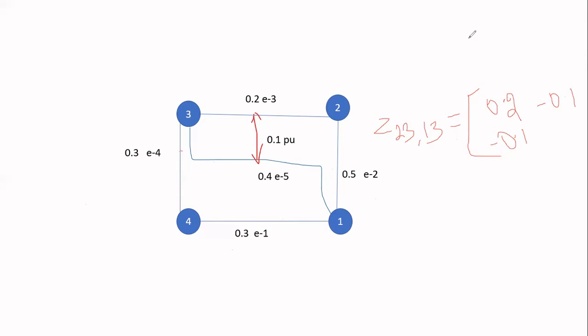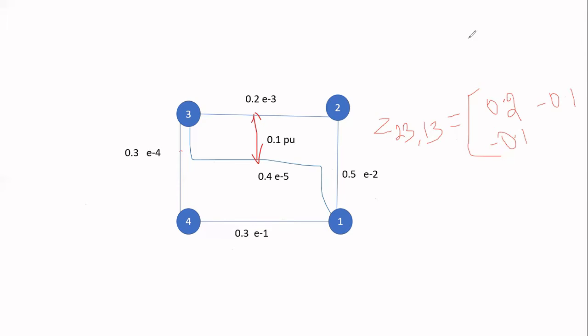Therefore the Z2313 is 0.2, minus 0.1, minus 0.1, 0.4. By using this Z2313, we form the Y2313 matrix.